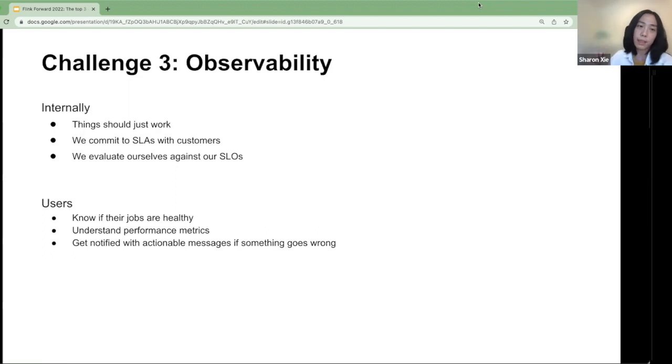They also want to understand their performance metrics in case they want to decide whether to purchase more or less. Most importantly, they want to be notified if something goes wrong, ideally with actionable messages so they know what to do. However, Flink does not make this very easy for us.